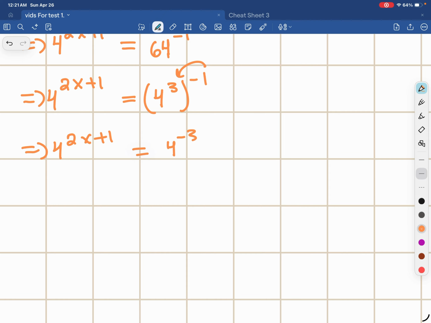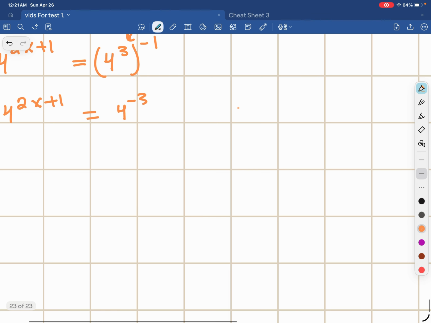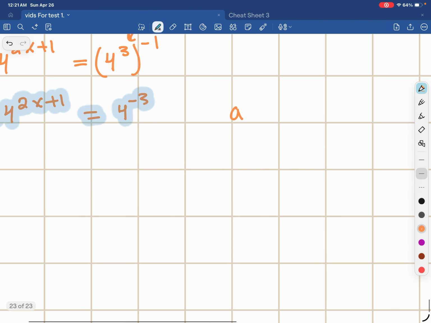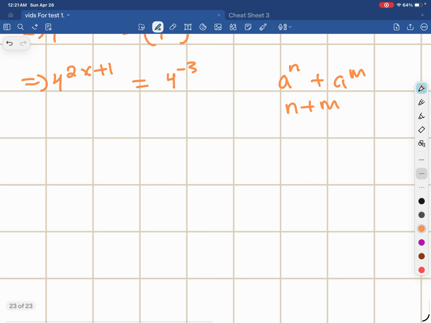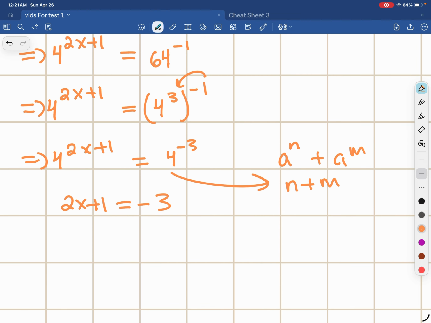We can remember the simple terms of exponents, where if we have a to the m and a to the n, this simply becomes m plus n. This is the same logic here. Since we both have 4 and 4, it basically drops down to 2x plus 1 equal to negative 3, based off this property right here.